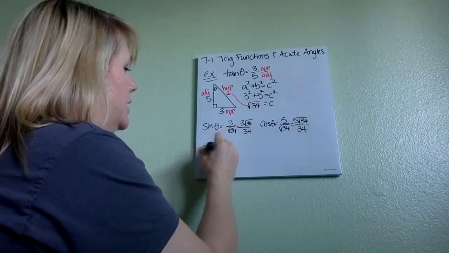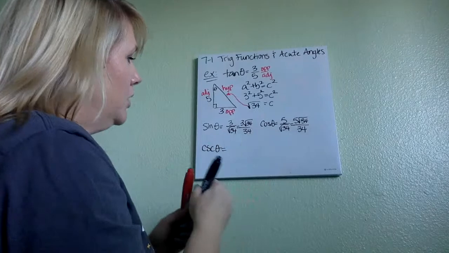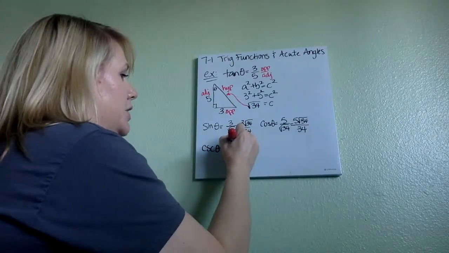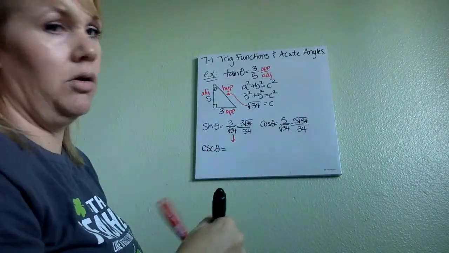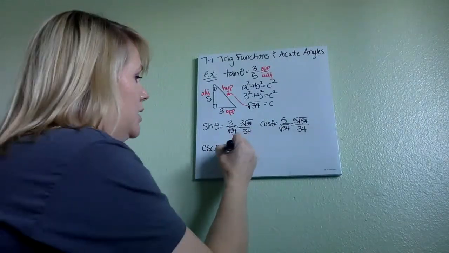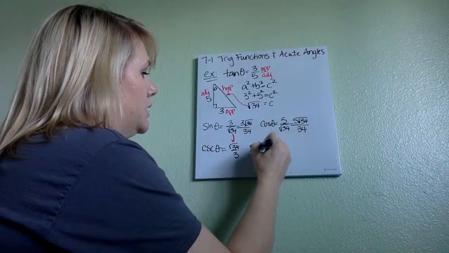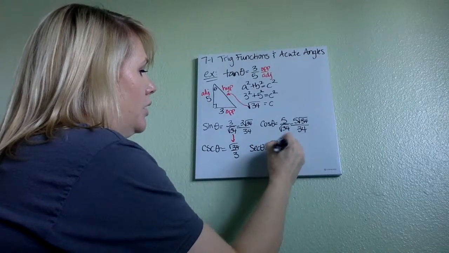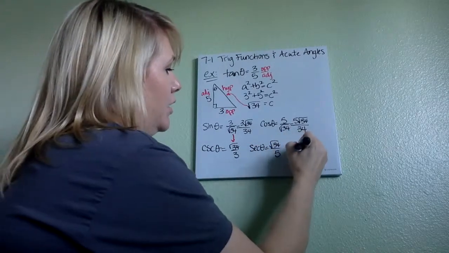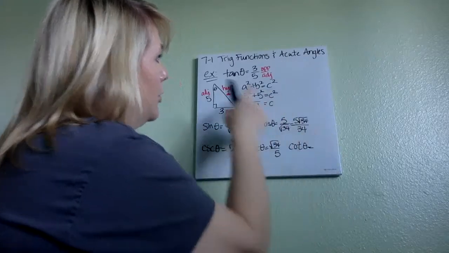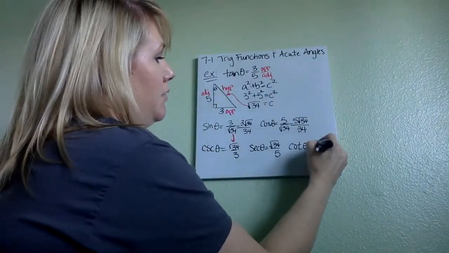Then the cosecant, again, I'm going to use this fraction to create my reciprocal, not the rationalized one. So it looks like square root of 34 over 3. Secant looks like square root of 34 over 5. And then cotangent is the reciprocal of tangent, so it would be 5/3.